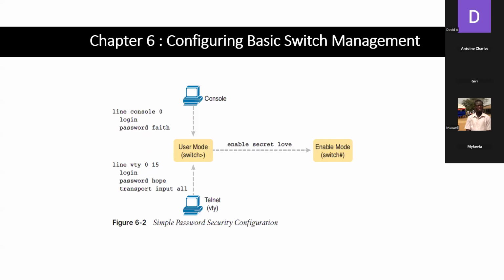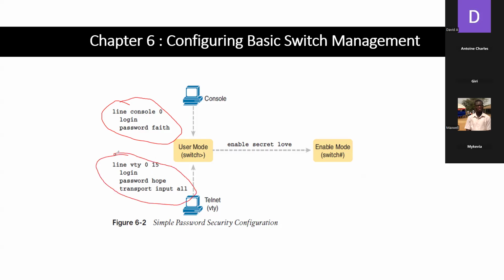So using this simple password security configuration, like I told you, we would go ahead and type in login, right? And now we're in one of those contextual modes within global configuration mode, that context being console and virtual terminal.